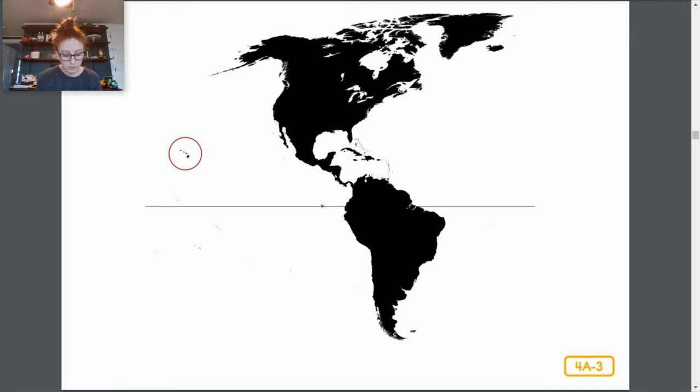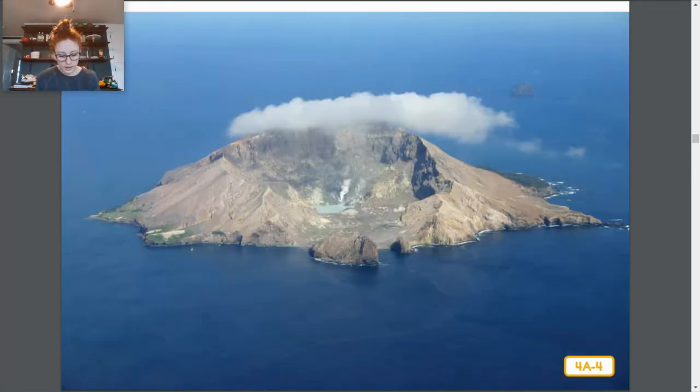In other words, if it weren't for volcanoes, Hawaii would not be there at all. Hawaii is one of the best known volcanic hotspots in the world. A hotspot is a place where there has been continuous volcanic activity for a long time. Why do you think they would call it a hotspot with all those volcanoes? Because there's a lot of hot lava, right?